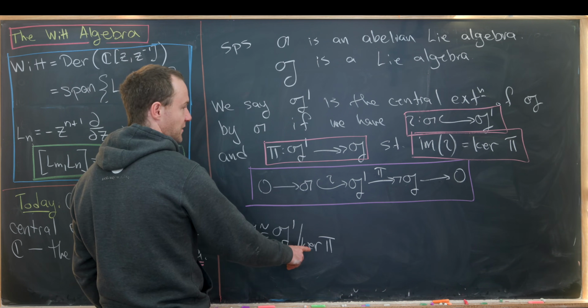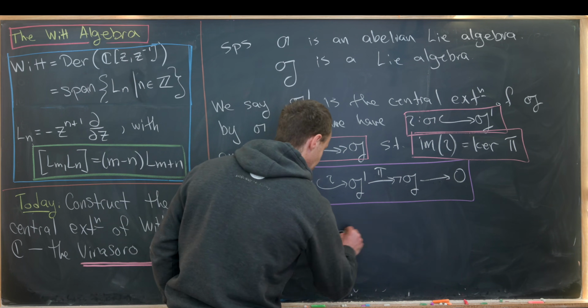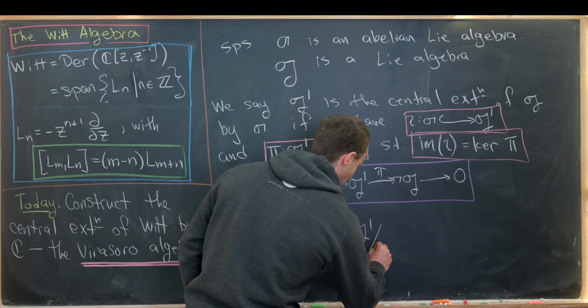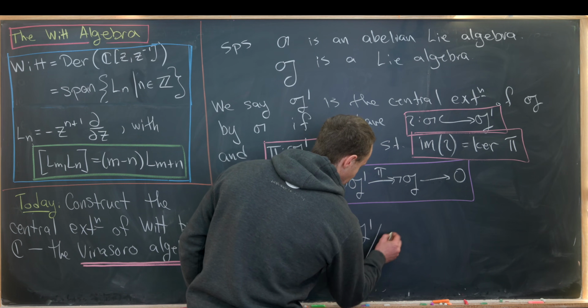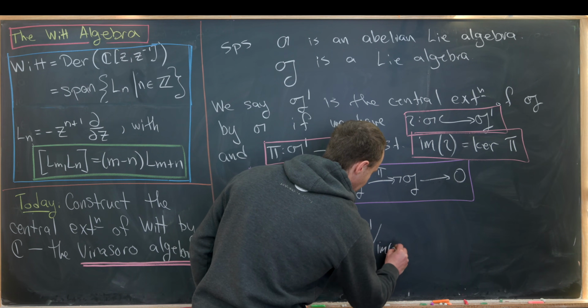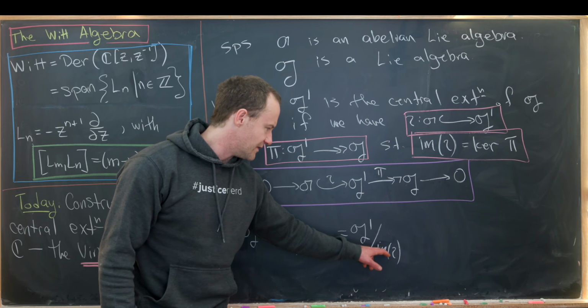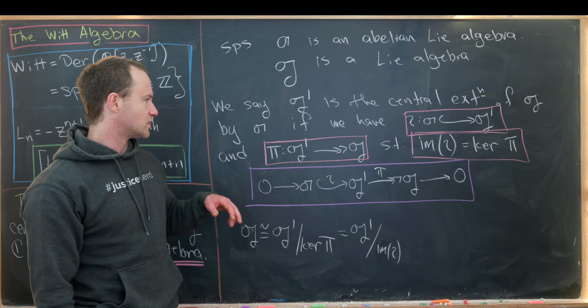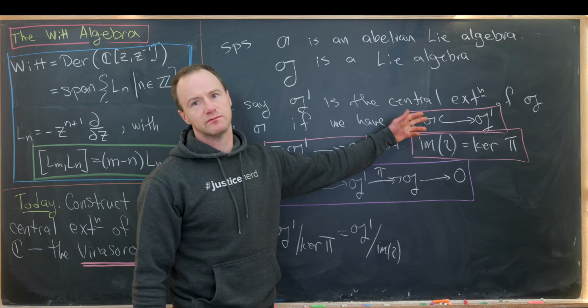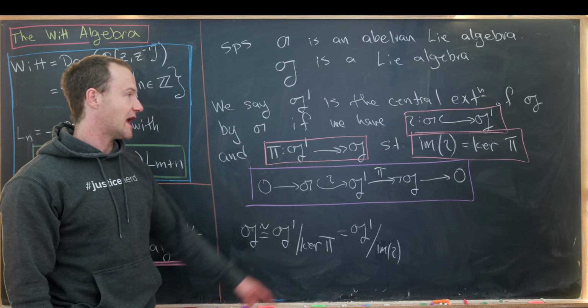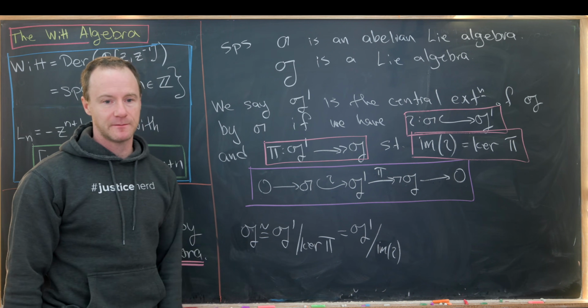But since the kernel of pi is equal to the image of iota, this is equal to G prime mod the image of our injection iota. But notice that the image of iota is equal to A, or it's linearly isomorphic to A because that's an injective map.